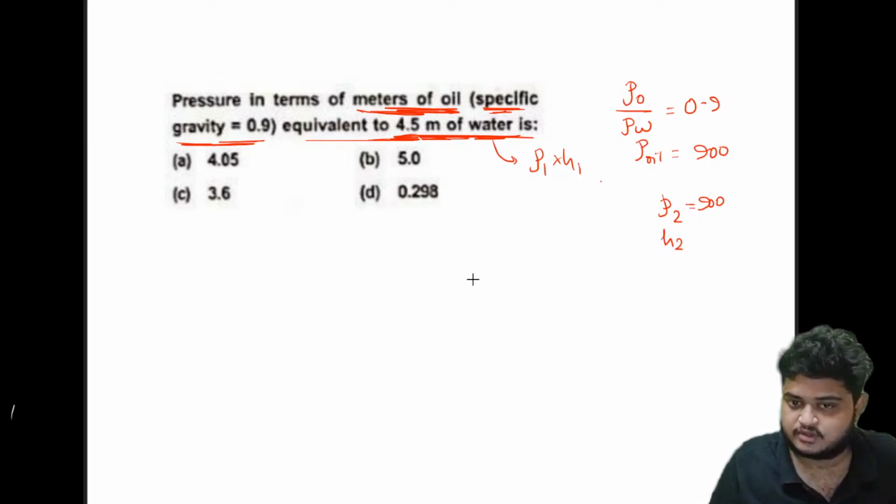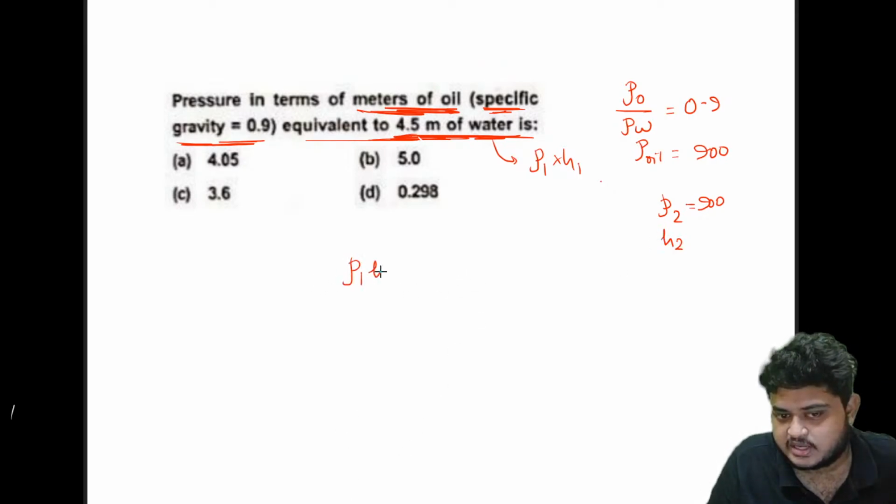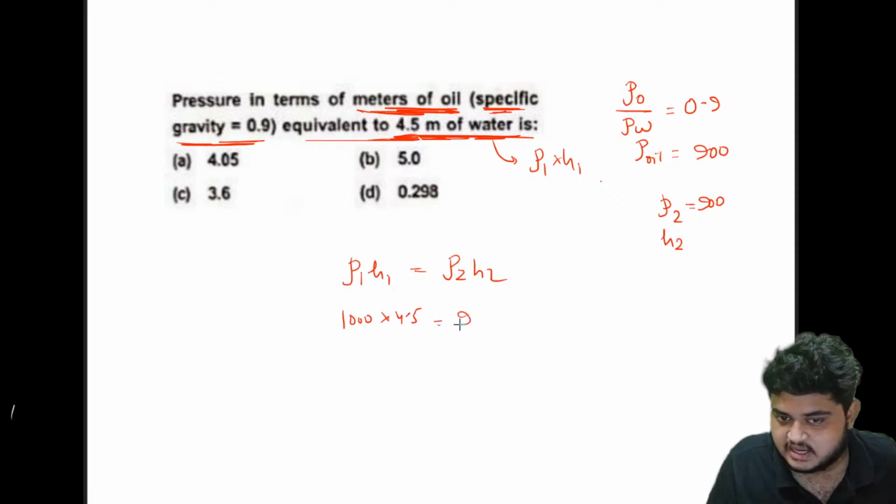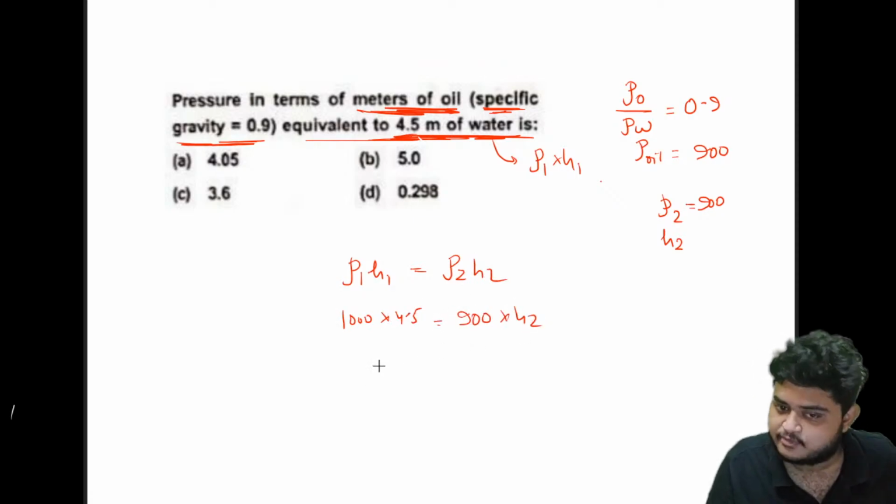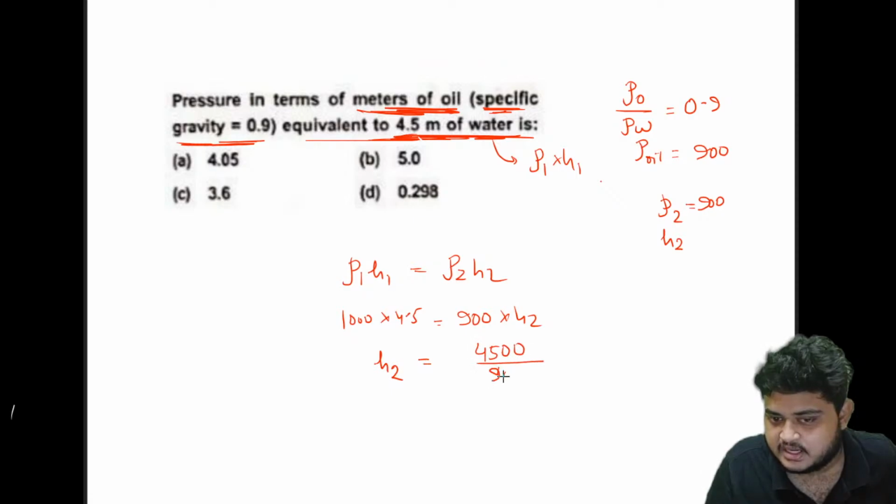According to the formula, rho 1 h1 is equal to rho 2 h2, so 1000 into 4.5 is equal to 900 into h2, which we have to calculate. So h2 will be 4500 divided by 900, and it comes out as 5.